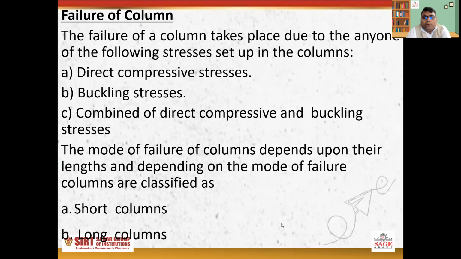The mode of failure of a column depends upon its length. The modes of failure of a column are classified as short column or long column. So we can classify it into two types.